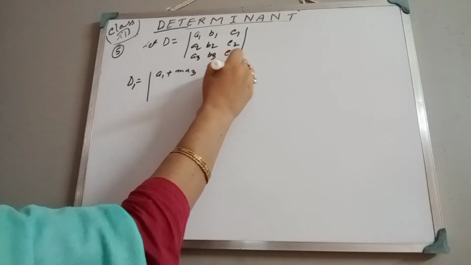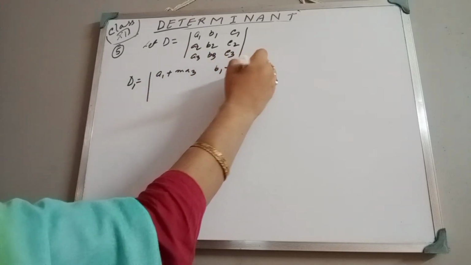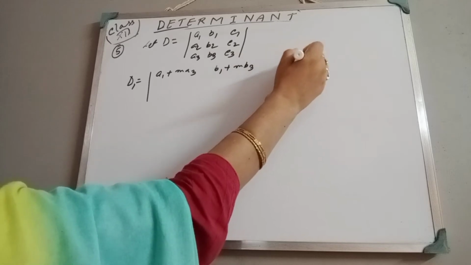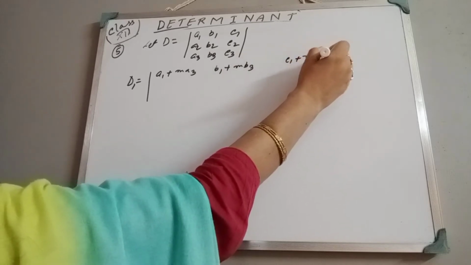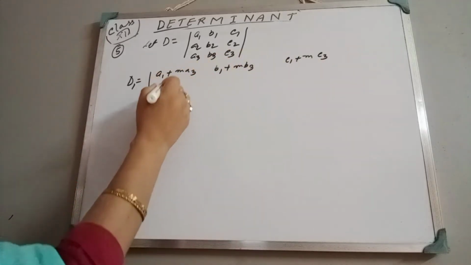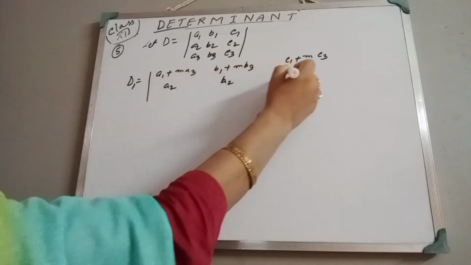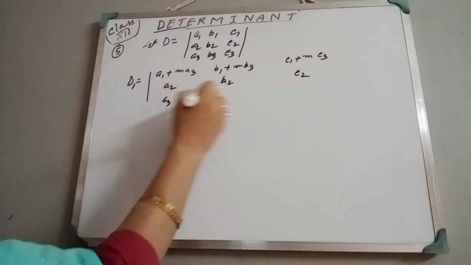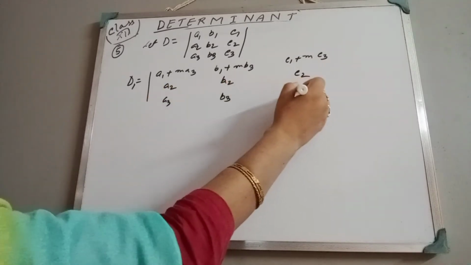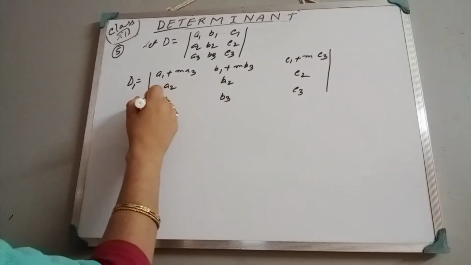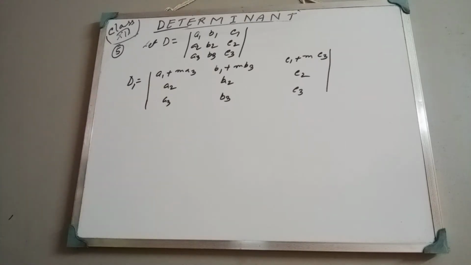Next B1 plus say MB3. C1 plus MC3. Okay, and the second row will be same as before, A2, B2, C2, and the third row A3, B3, C3. Okay.